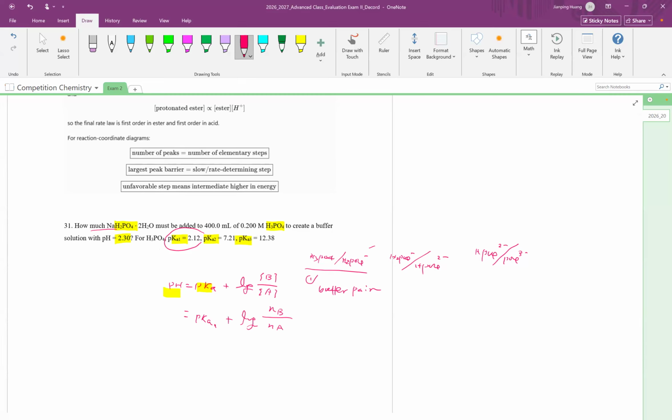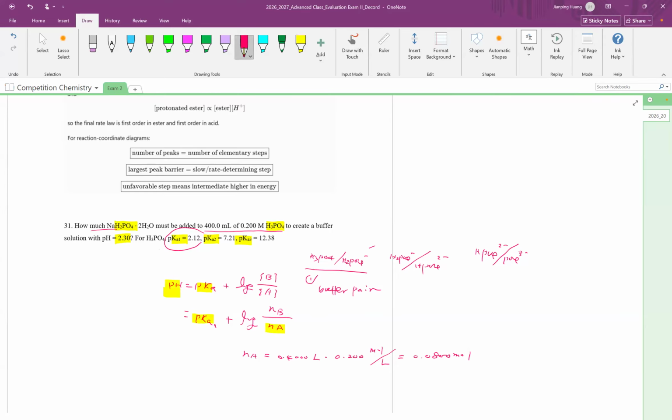Now, we know n acid, right? That equals 0.4000 liter times the molarity, 0.200 mole per liter. So you get 0.0800 mole. Did you see? It's so easy to do. We know the pH, we know the pKa, we know the acid.